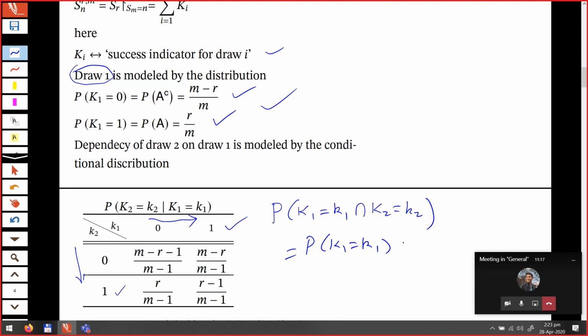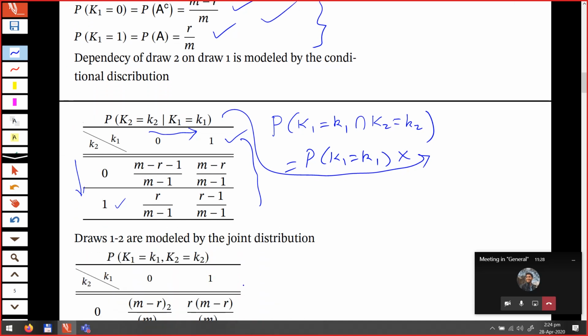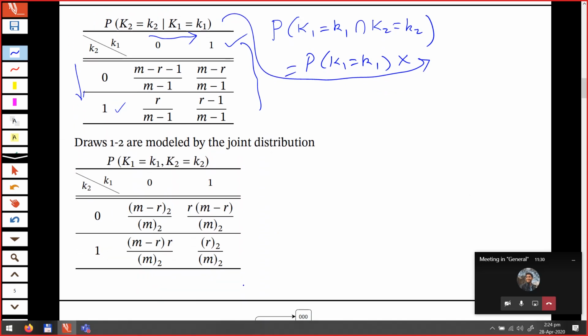And then I just multiply this with this conditional probability, which means that I'm using this unconditional probability, I multiply element by element with this table, and then I should get a table of joint probabilities. This is my joint distribution, that K1 takes this value, K2 takes that value, and just a simple product.